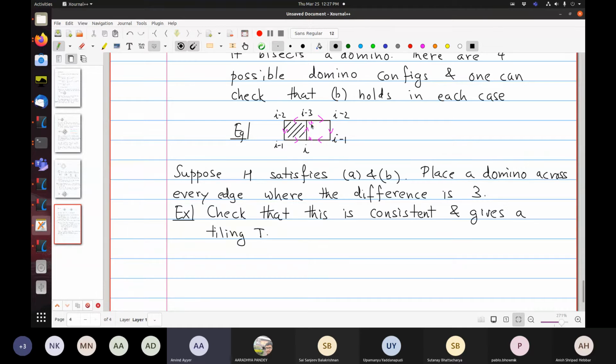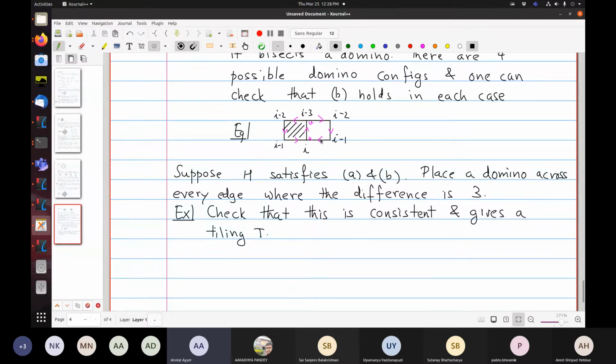In other words, it should not happen that for 2 consecutive edges you have difference 3. If that happened, then they would be overlapping. Such things are not possible, and it's also not possible to have a region where this property does not happen, so that there won't be a domino covering any cell.